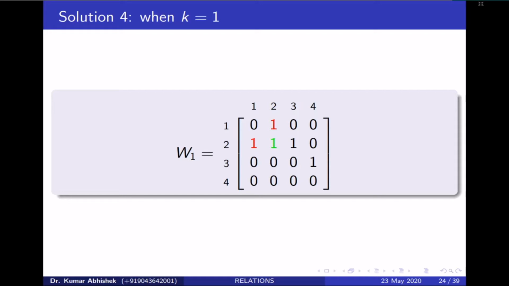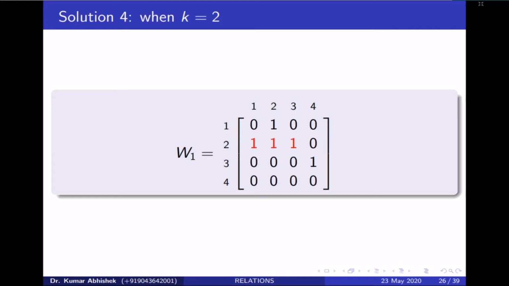Now from this matrix W1 we will be constructing the matrix W2 by starting at column 2. So under column 2 we see that the first non-zero entry appears at row 1 and the second non-zero entry appears at row 2, and along row 2 we see that the first non-zero entry appears at column 1, then at column 2, and then at column 3.